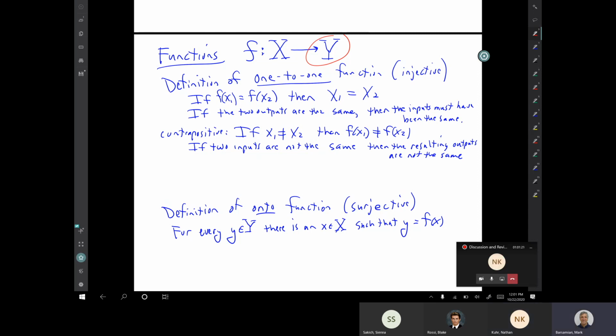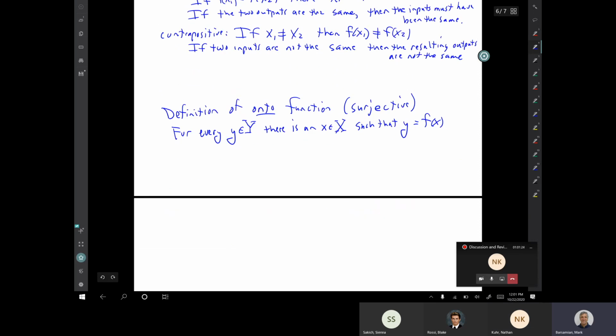Well, let's go the other direction. What would a quantified statement look like? The quantified statement for onto is this: for every y, little y in set capital Y, there exists a little x in set capital X, such that this is true. Now the key thing I'm getting at here is this means at least one x.